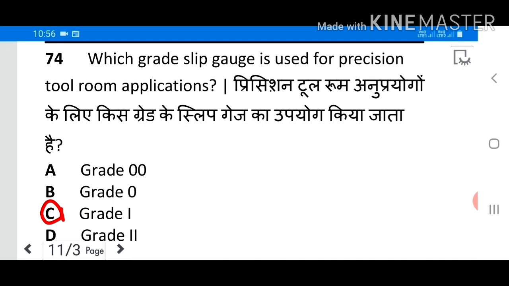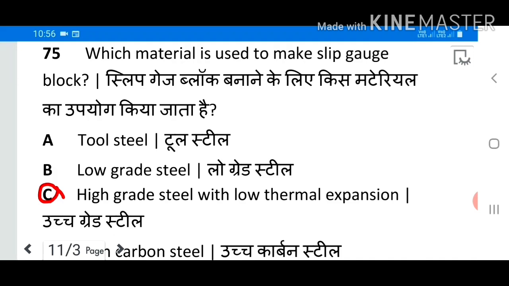Answer C. Grade 1. 75. Which material is used to make slip gauge block? Answer C. High grade steel with low thermal expansion.